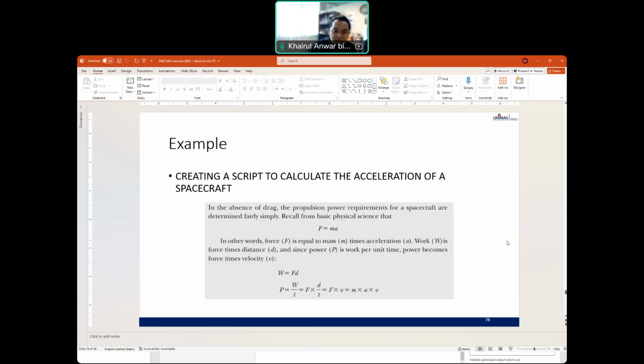In other words, force is equal to mass times acceleration, and W is the force times distance, work. W is work. And since P is power per unit time, P is equal to W over T, where T is time.